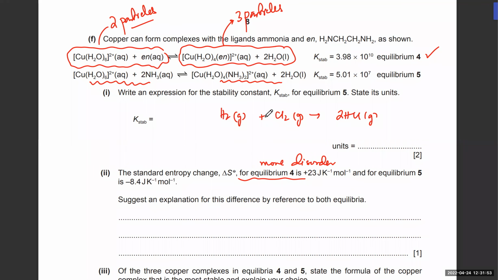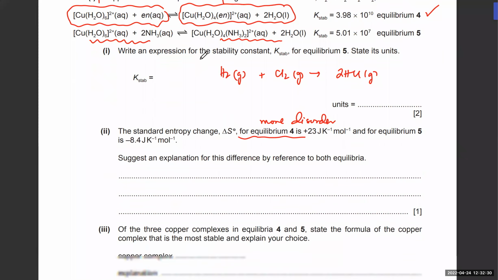It's almost the same disorder in the product as well, because 2 molecules on both sides. Qualitatively means you're just guessing whether the disorder is increasing or decreasing. If it's really obvious, then you can tell for sure. In each case, it was pretty obvious that disorder would increase. In this case, you know that the change in disorder would be very, very small. Whatever it is, you can't really guess. Okay, is that clear? Okay.